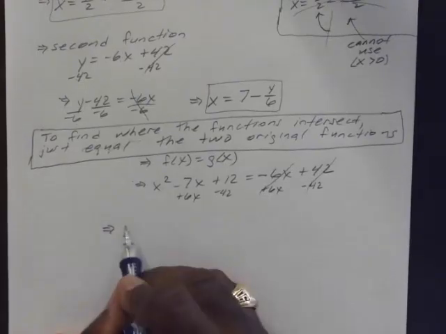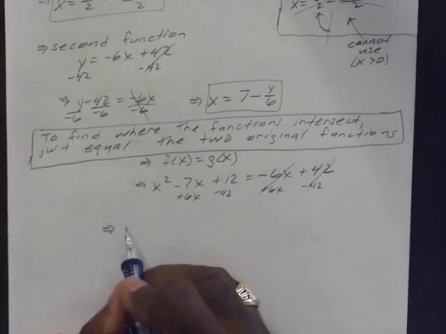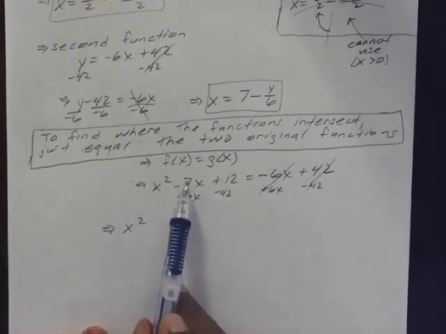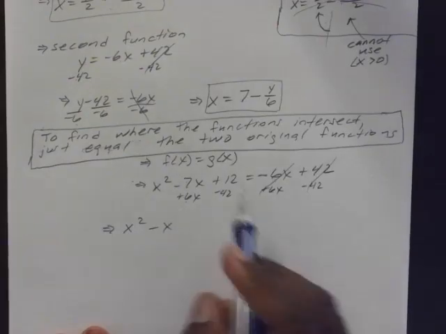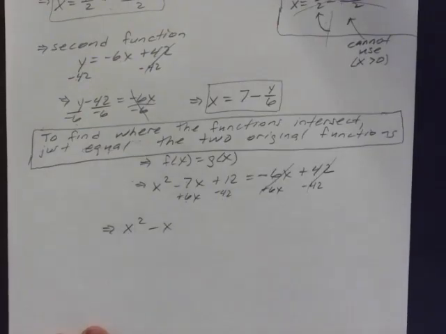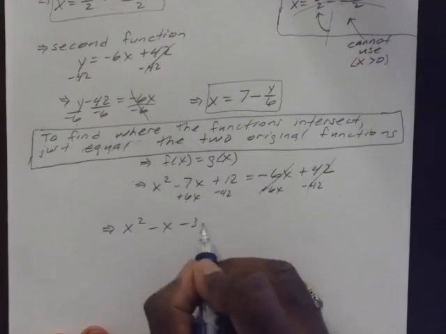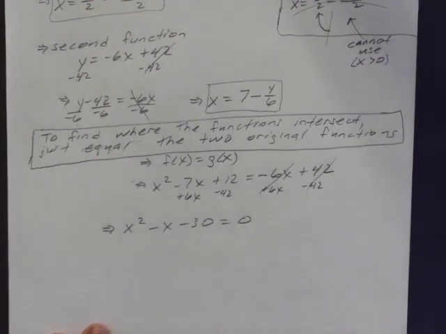Okay, so that gives us x squared, negative 7x plus 6x is minus x, plus 12 minus 42 is minus 30, is equal to 0.